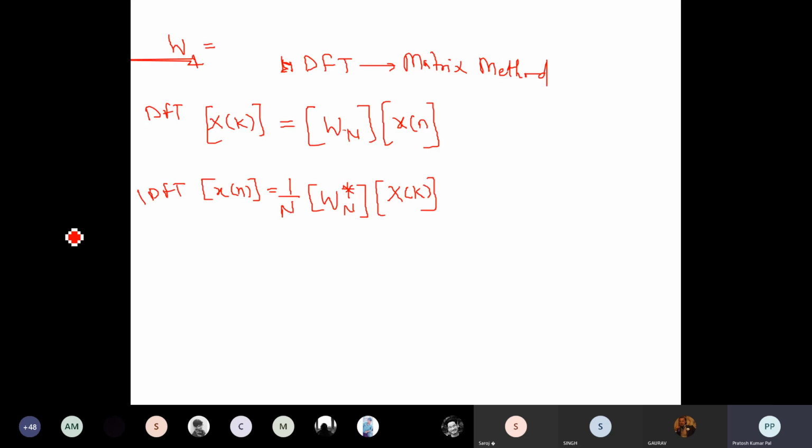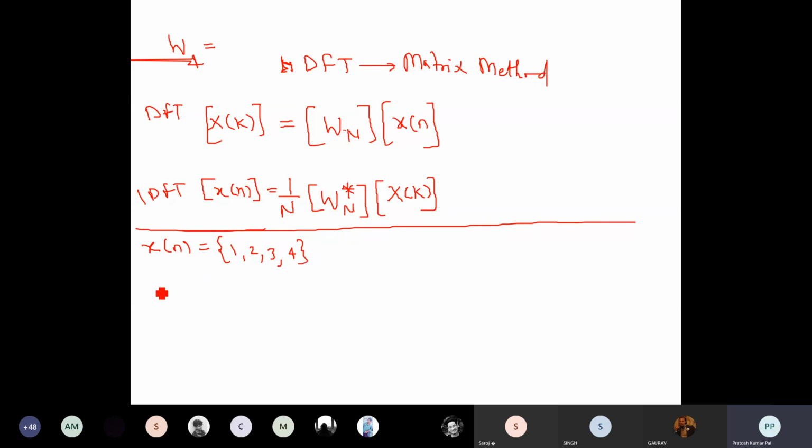So we will take the same example. So x of n is given by 1, 2, 3 and 4.